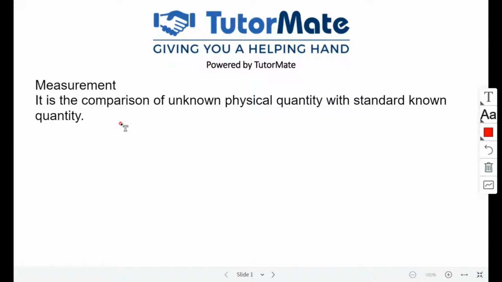That's right. Measurement is simply the comparison, and while doing measurement we have to know the standard quantity, like a beam balance or scale. While comparing with these things we can know the value of a certain object. Suppose you are going to buy 1 kg of sugar.